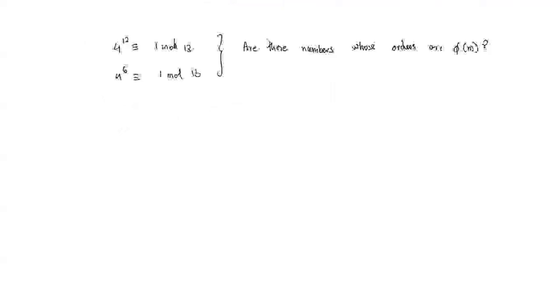What I mean is, if I have a and m with GCD of a and m equal to 1, we know that, and then let d be the order of a modulo m. My question is, is d equal to phi of m?